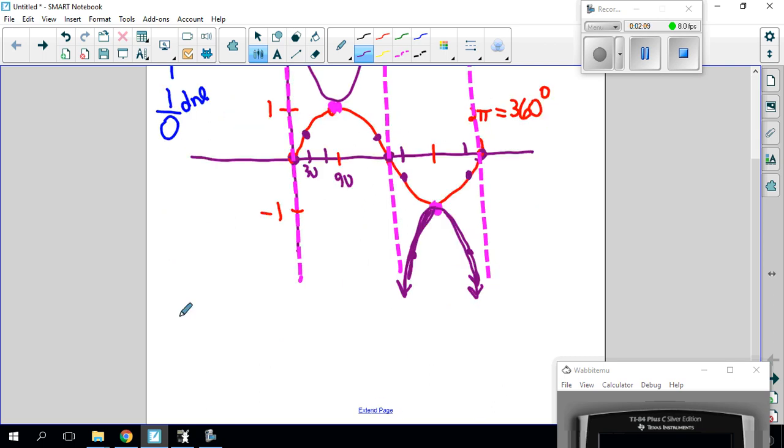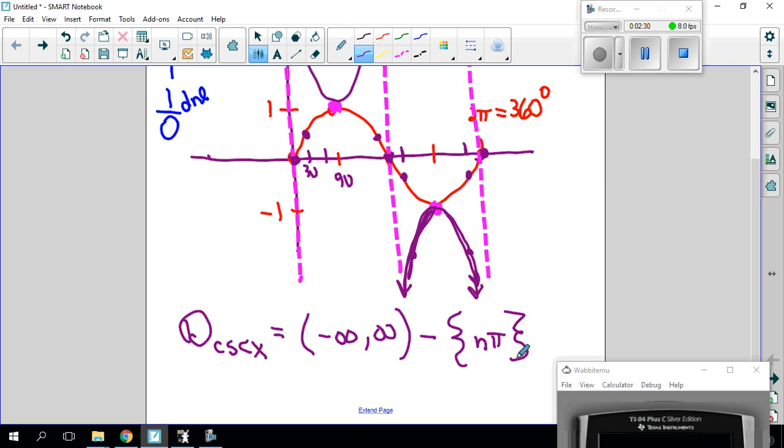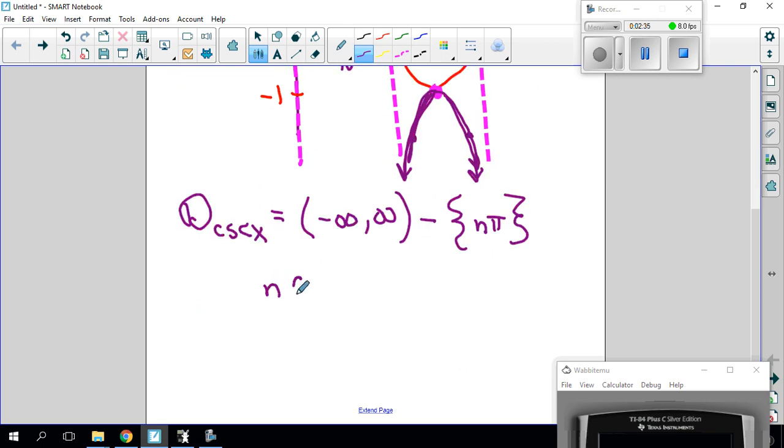Now, the domain of cosecant x is from -infinity to infinity, except we have problems at 0, pi, 2 pi, -pi, -2 pi, take away n pi, where n, we don't write this, is in the integers, which for some reason is the capital Z in mathematics, where the integers are 0, plus or minus 1, plus or minus 2, and so on.